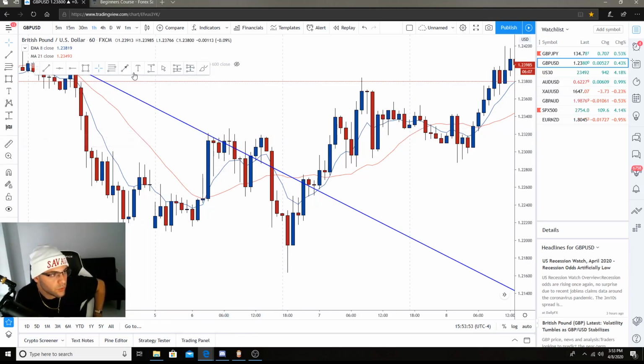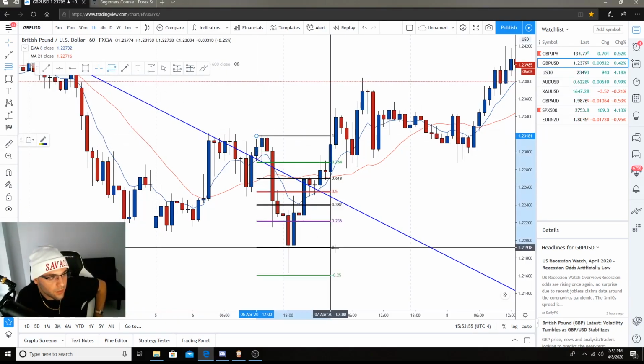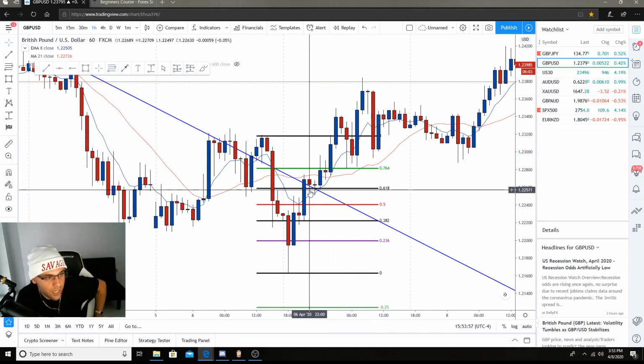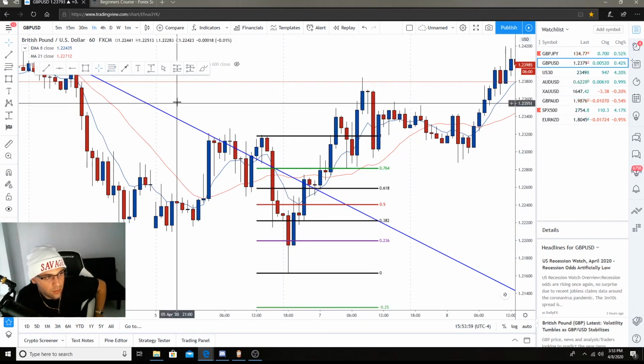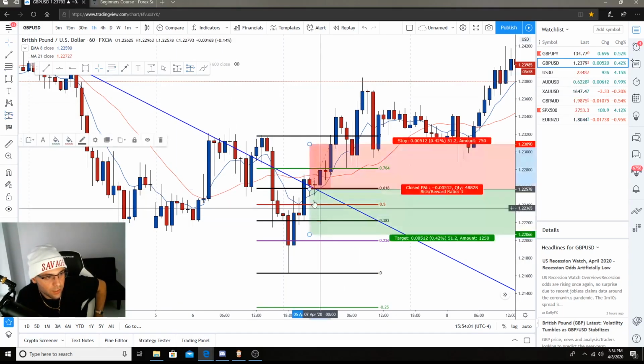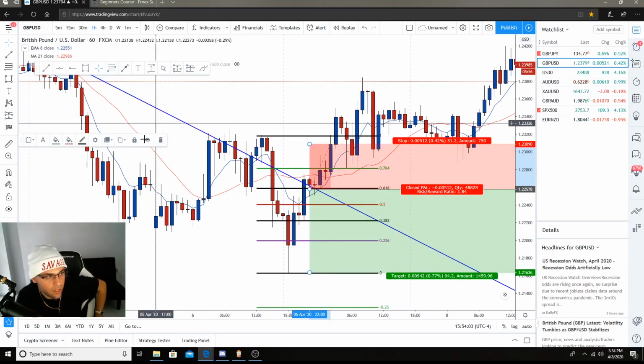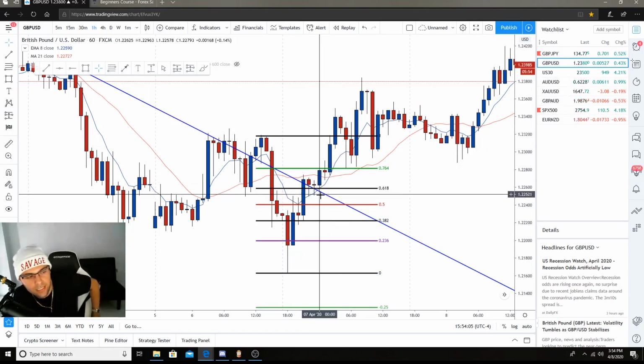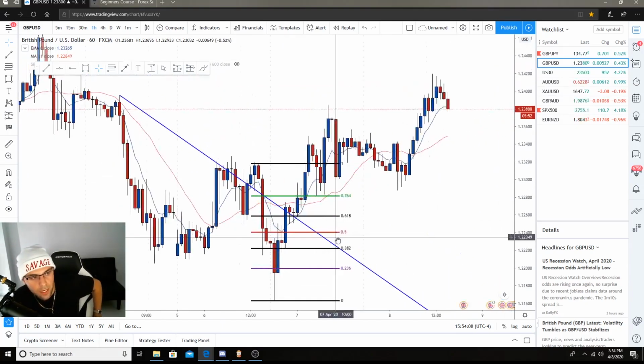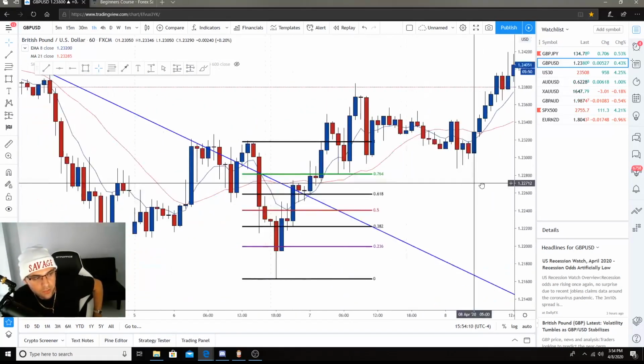Now let's draw our Fibonacci from here to here. Our 618 is kind of the same thing. Look at this. If we would have sold here, we would have lost, because the price decided to flip and turn bullish.